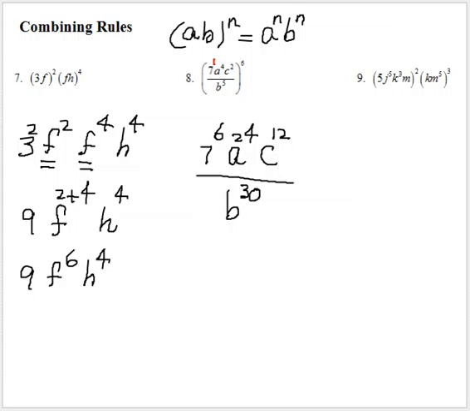Right, I can write 7 to the power of 6 as what the number is. But as you see, the base for all of these are not the same, so I cannot use any of those rules to go any step further.